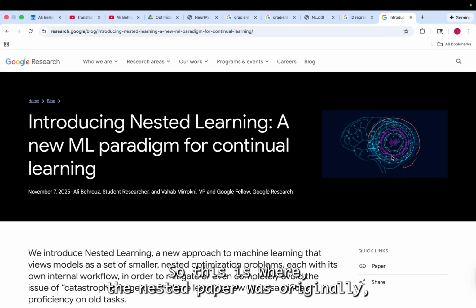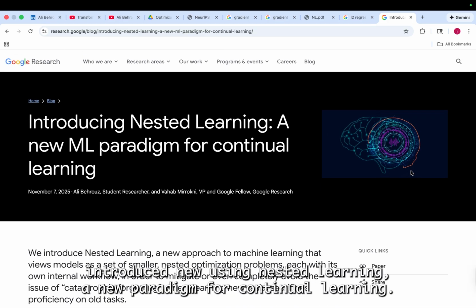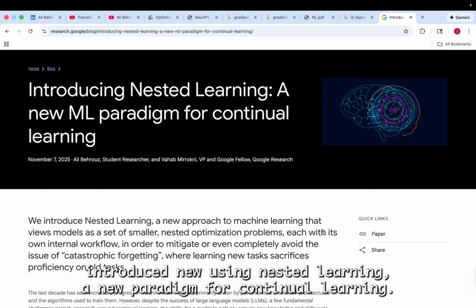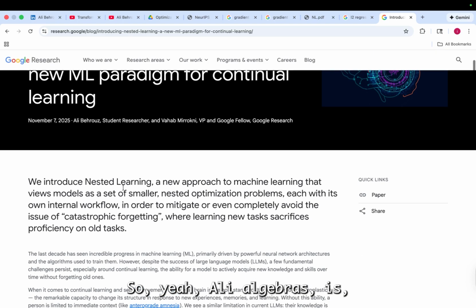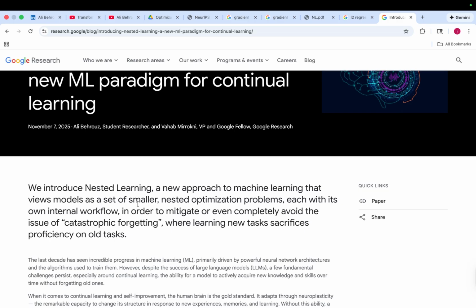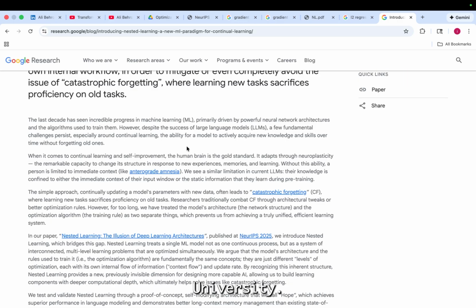So this is where the nested paper was originally introducing nested learning, a new paradigm for continual learning. Ali Behrouz is a student researcher from Cornell University.